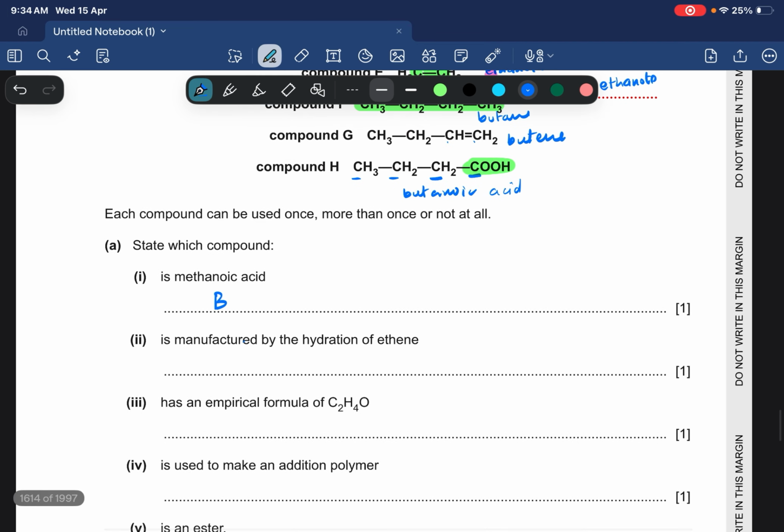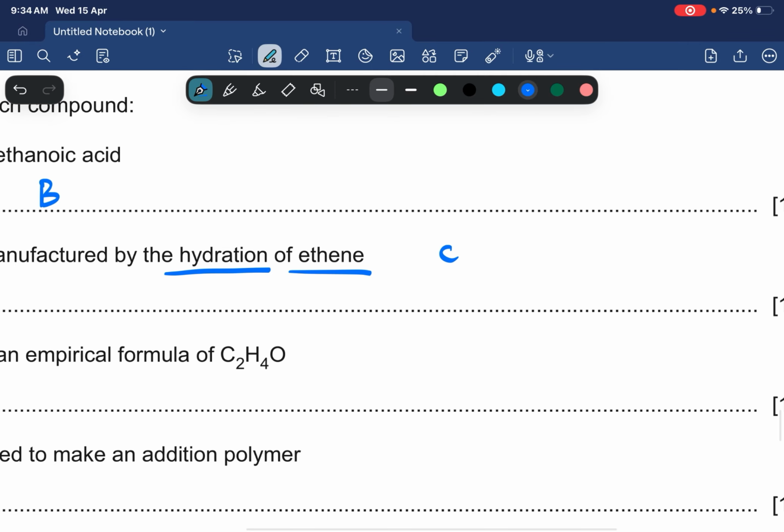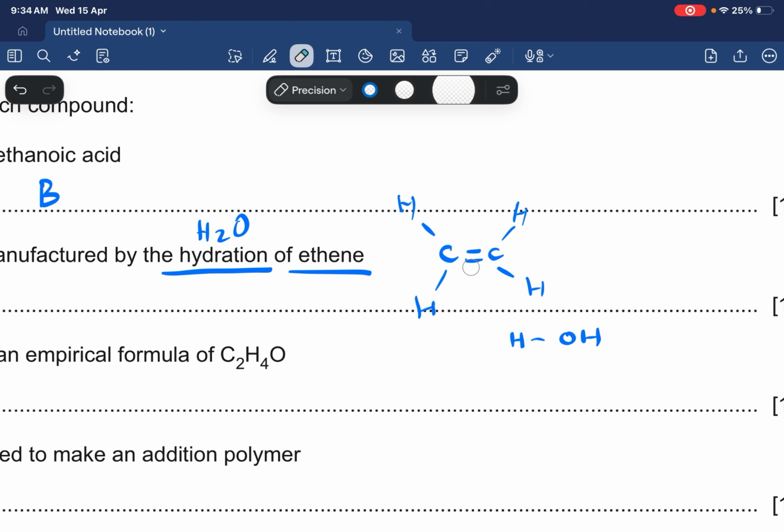Is manufactured by hydration of ethene. What do you get when you hydrate ethene? This is your ethene molecule, right? Now what is hydration? If you're hydrated, you have water, right? So hydration means addition of water. So you're adding water over here. This is an H, this is an OH, right? What's going to happen is that this double bond is going to break.